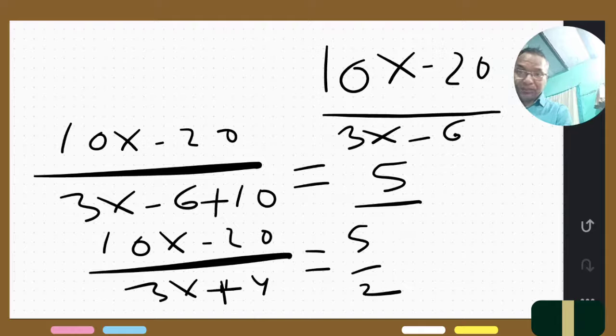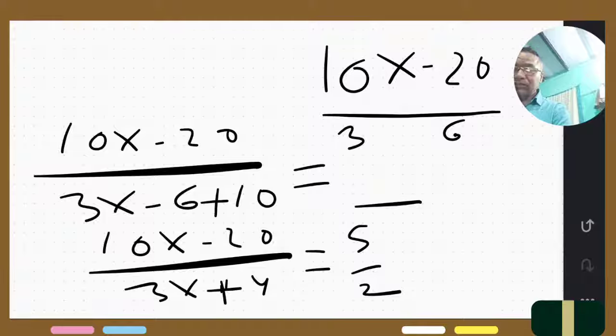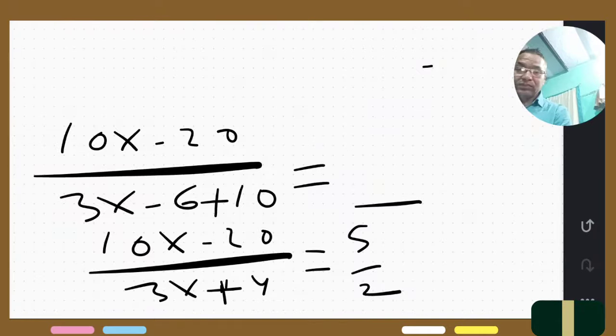So here on cross multiplication, this will become 20x minus 40 equal to 5 3s are 15x plus 5 4s are 20.